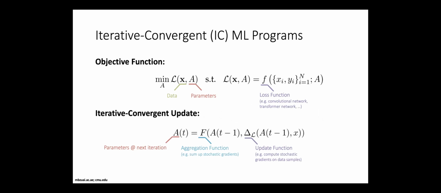We're going to use this notation throughout, where the parameters at the next iteration T are the result of first applying an update function, for example, computing stochastic gradients, followed by some kind of aggregation function, which manipulates those gradients by summing them together, or if you're using momentum SGD or Adam, more complicated things happen in that F function.